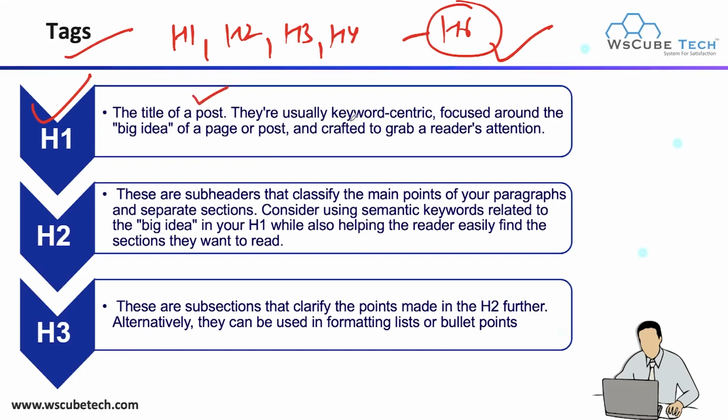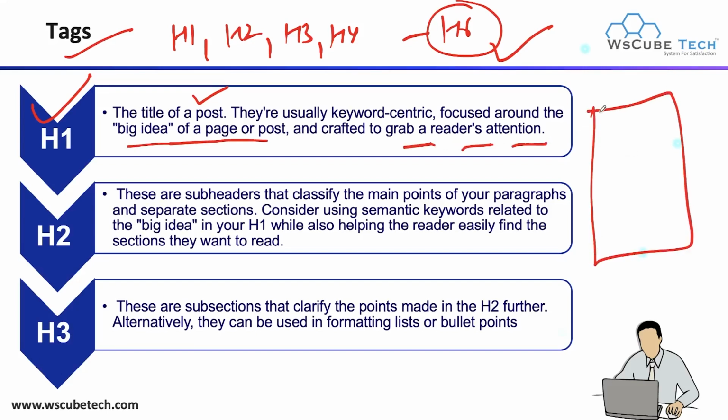They are usually keyword centric, focused around the big idea of the page or post, and crafted to grab a reader's attention. Let's suppose this is your post page, and this is the title of your particular post. That title you can write in your H1 tag, or by default it is in your H1 tag.